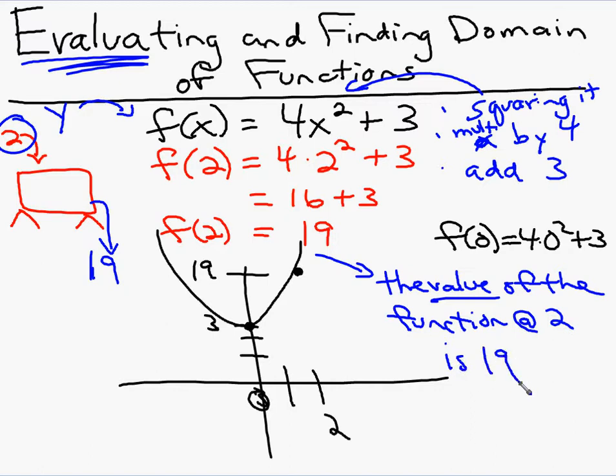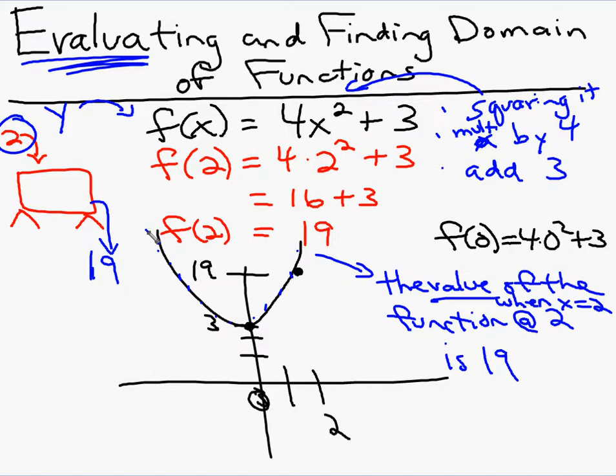Or we could say the value of the function when x equals 2. That's another way we could say it. The value of the function at 2, or the value of the function when x equals 2, is 19. And there are an infinite number of points that I could do that with. I could do that with a gazillion and 1 points.